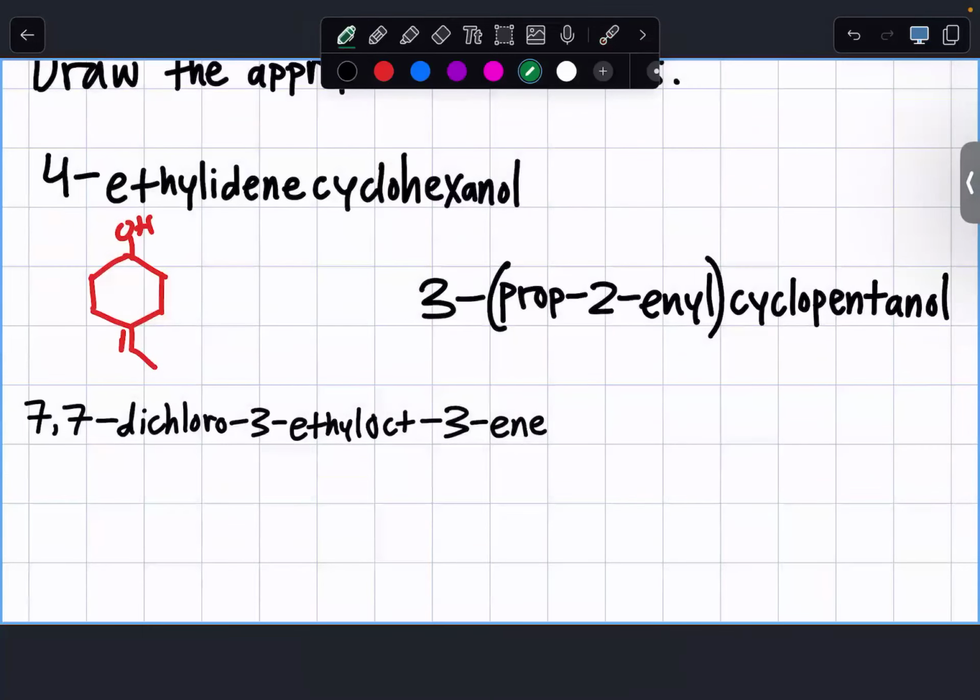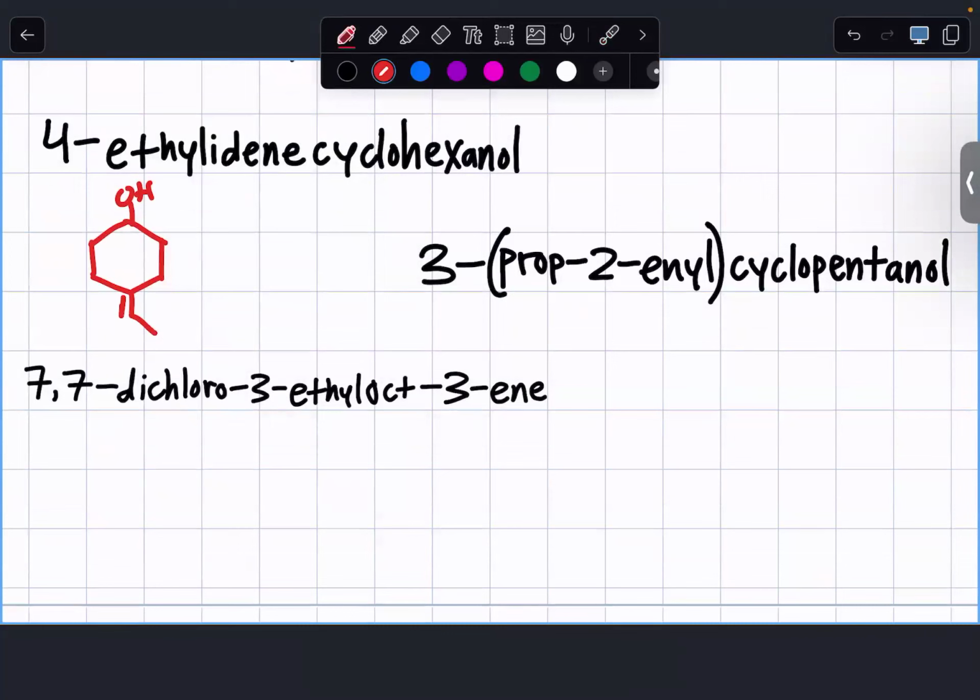Okay, so for this one here, our main chain is cyclopentanol. So let's just do that first. And at carbon 3, we have a complex substituent here, prop-2-enyl. Since we have prop, that means that we have 3 carbons in the substituent.